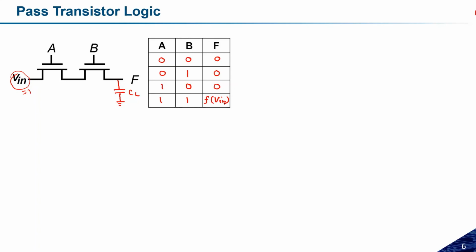This is an AND kind of structure. Yes, perfect. So these two transistors in series look like an AND. If the input is equal to 1, this will completely act as an AND gate, but if the input is equal to 0, then the output will simply be 0. So this logic can act as AND logic. Let me write it: AND gate.